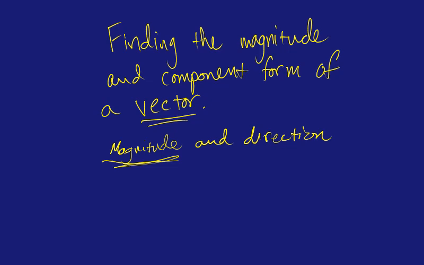And so a vector is normally represented with an arrow from an initial point.